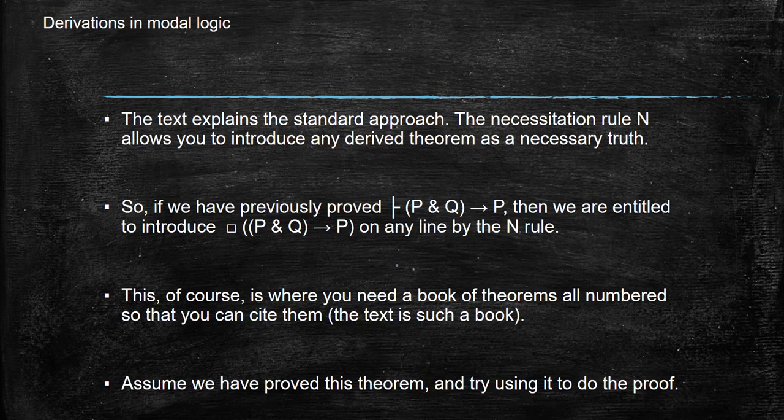Now, this, of course, is where you need a book of theorems all numbered so that you can cite them, and the text is such a book. But let's assume we've proved this theorem, which we probably have, and try using it to do the proof.